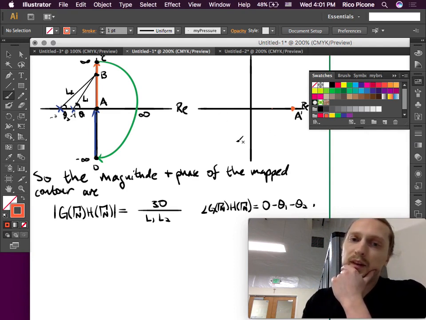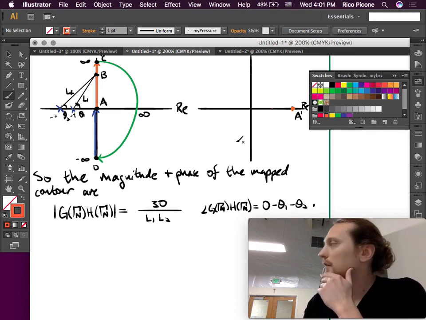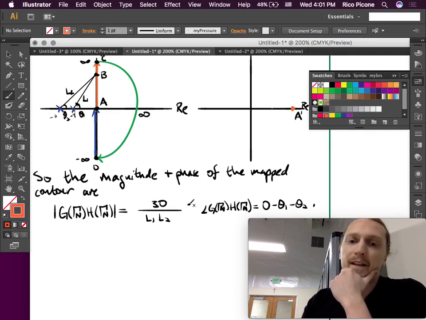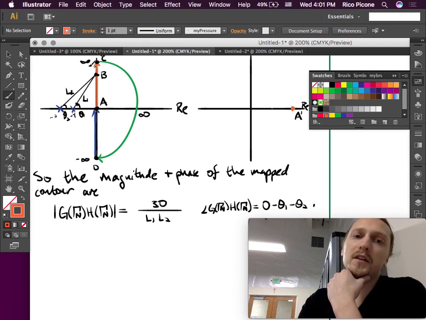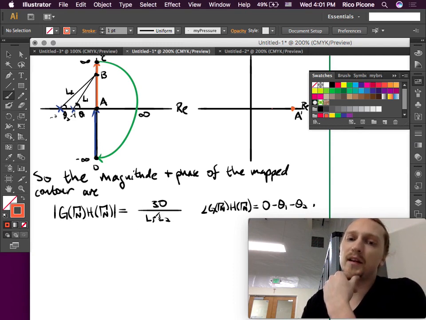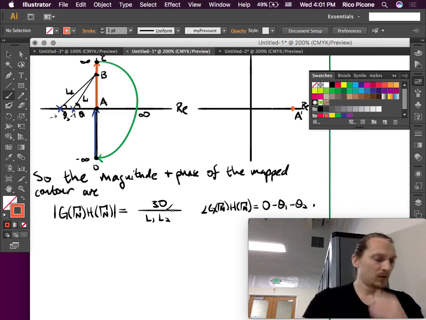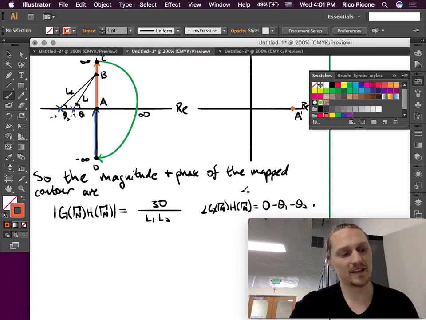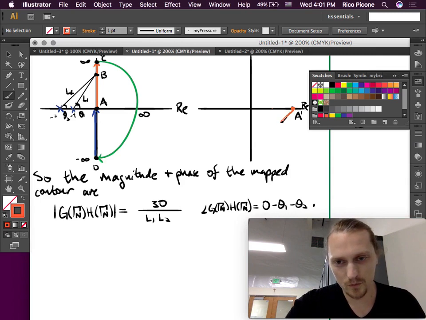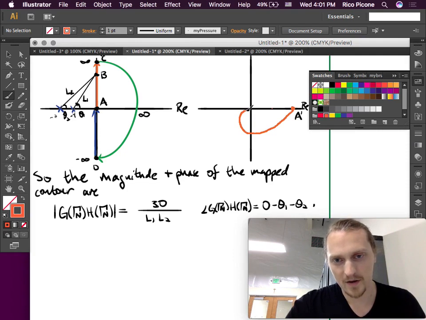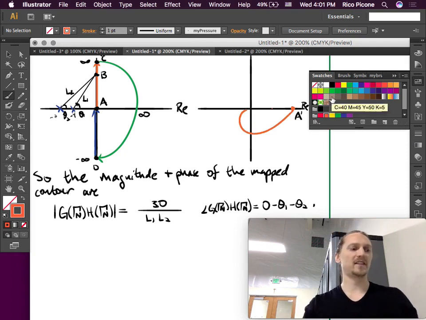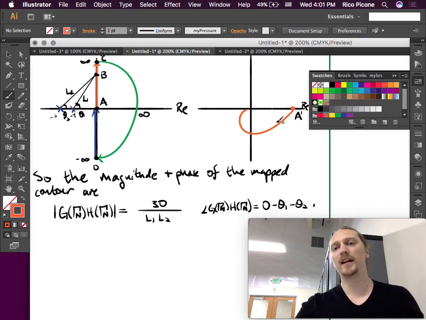And as it swoops, what's happening to the magnitude? Yeah, because these are both poles, the magnitudes of them are going to get larger and larger and larger, and they're in the denominator, so it's going to go to 0. So what we've got is something like that, okay, where it is decreasing in magnitude and the phase is coming around to the negative real axis.